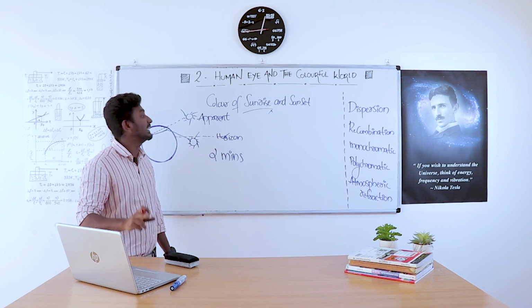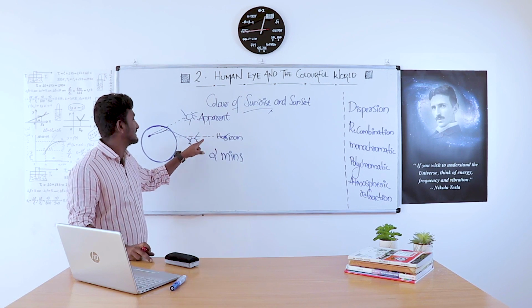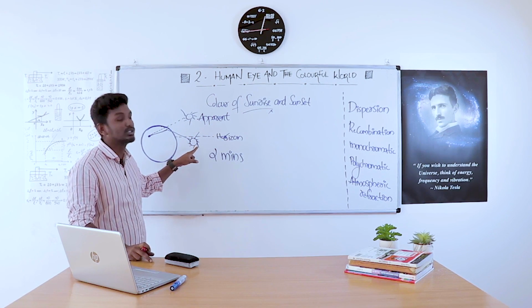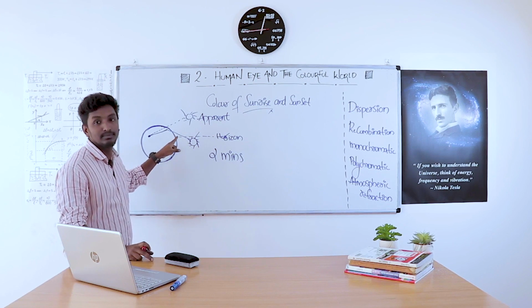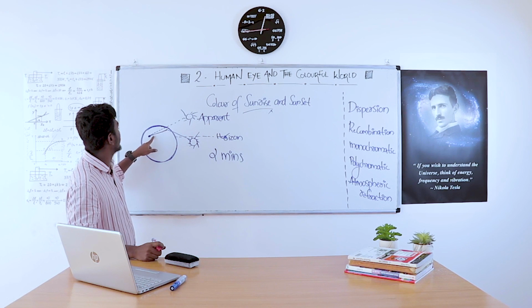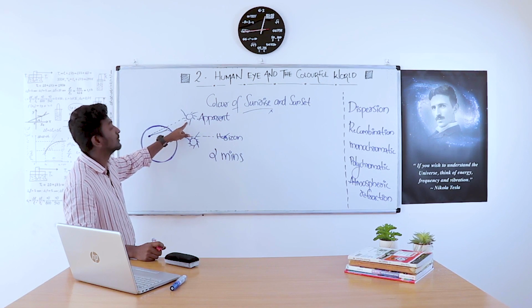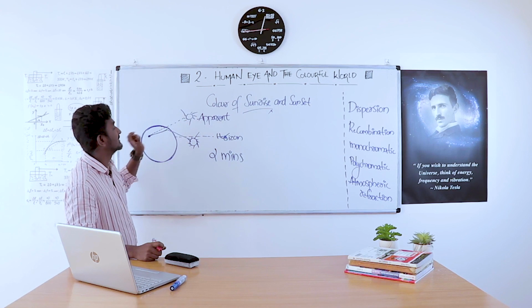In the evening time also, when the sun sets below the horizon, sunlight comes from the sun and reaches the Earth, atmospheric refraction happens, and we are seeing the sun above the actual position. It is an apparent position.